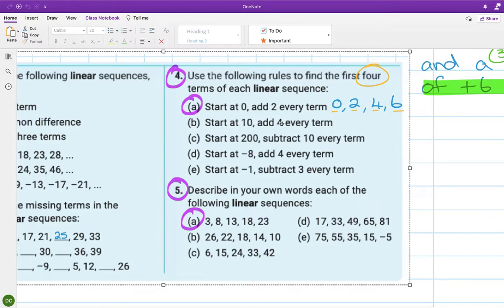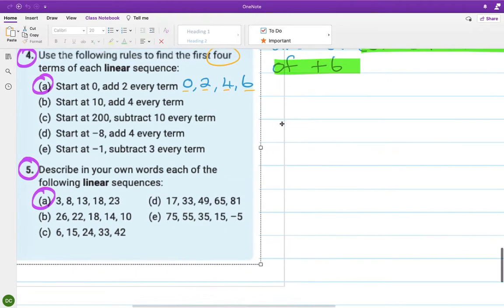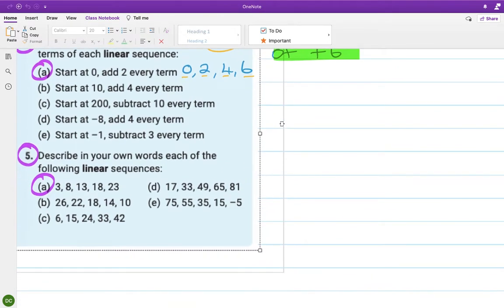And the last one. Describe in your own words each of the following linear sequences. Okay, so again, we need to get these 3 key pieces of information in. So 5A is A. Okay, so is it linear? This is 5. 8 to 13 is 5. Yeah, 5. Yeah, it is.